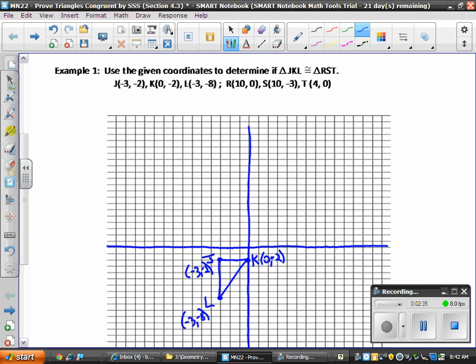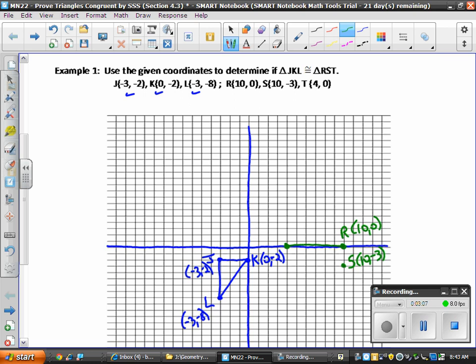And now that I've plotted these 3 points, now I'm going to plot the next 3 points for that other triangle. So 10, 0; 10, -3; and 4, 0, not going anywhere on the y-axis.